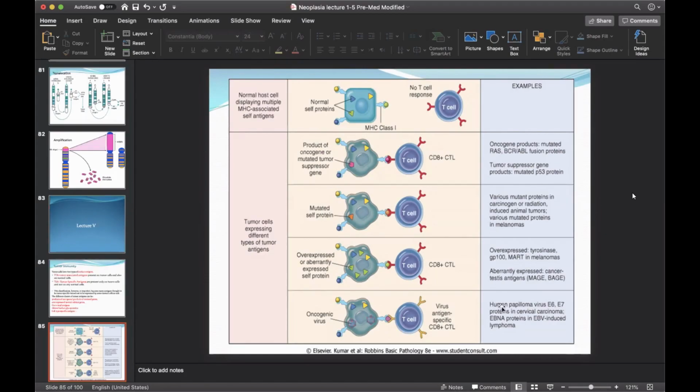The other mechanism is, I don't want to talk about these mechanisms in detail, but I just give you highlights on what are the certain types of antigens that can be expressed on the tumor cell.